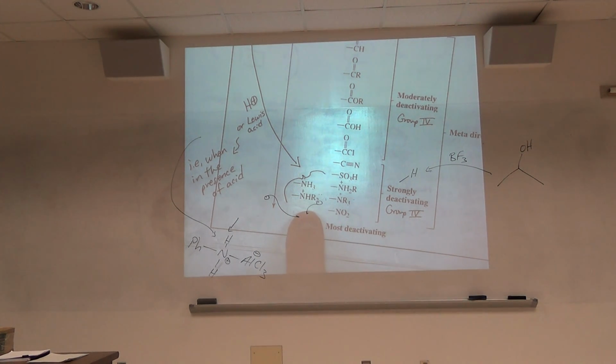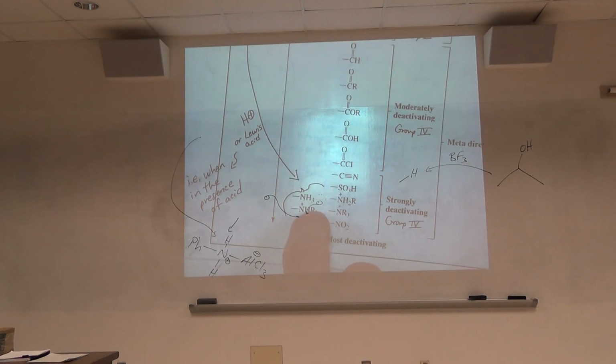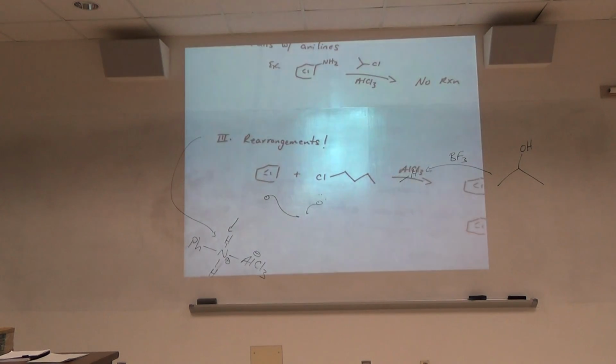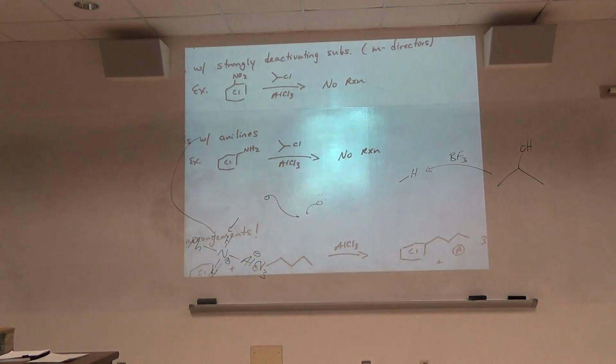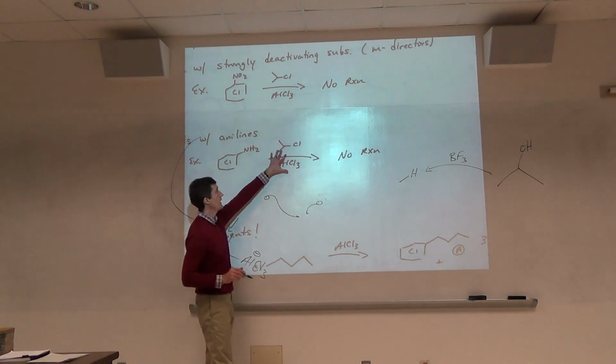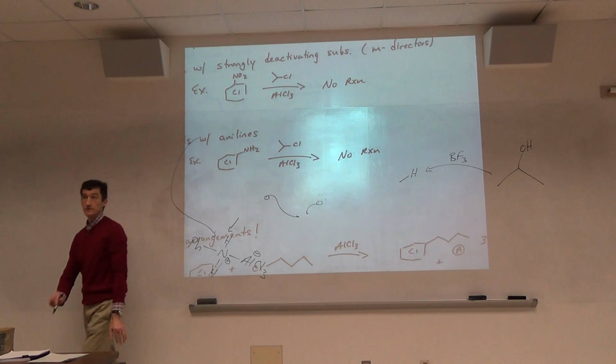They become protonated or they become a positive charge, and now they become strongly deactivating. So this is an example of that. You can't say, okay, when I add the aluminum chloride, I don't want the amine to react, I just want the Cl to react. It won't listen to you.